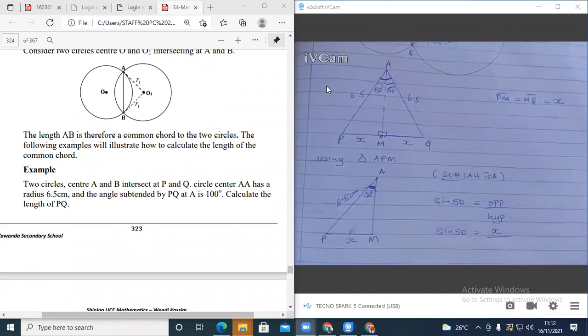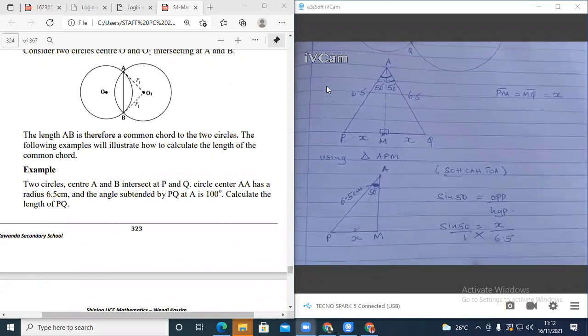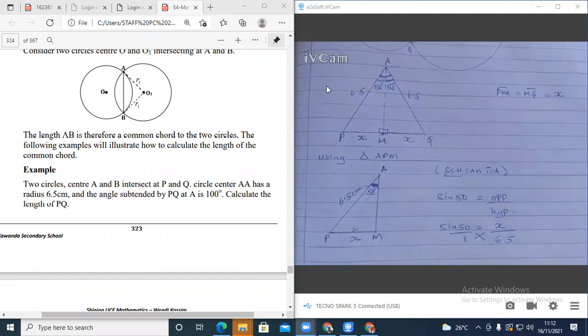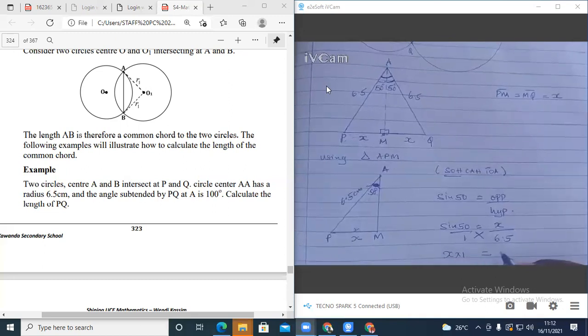X out of the hypotenuse, which is 6.5. So I cross multiply, and I have X times 1 equals 6.5 sine 50.